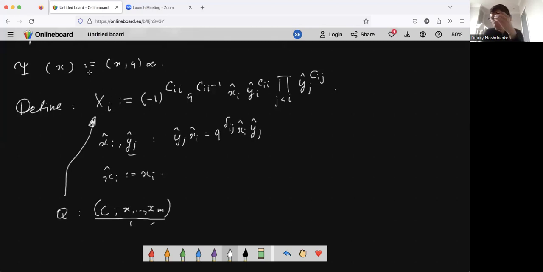These operators would not commute, but instead they would obey what's called the quantum torus algebra.